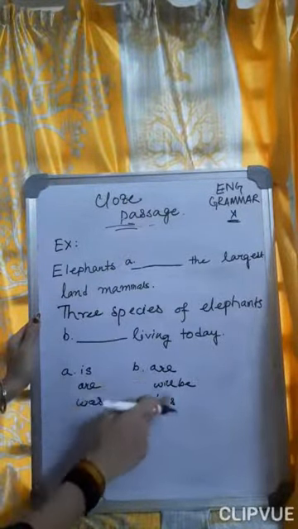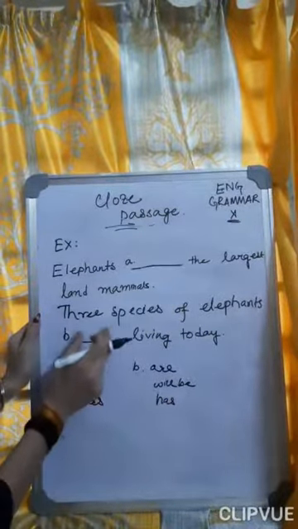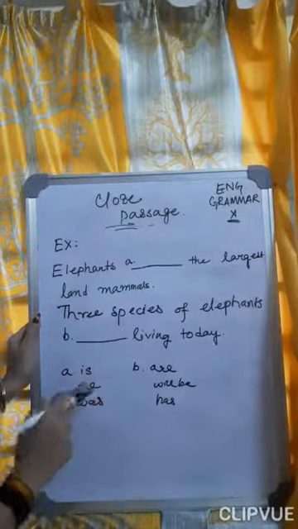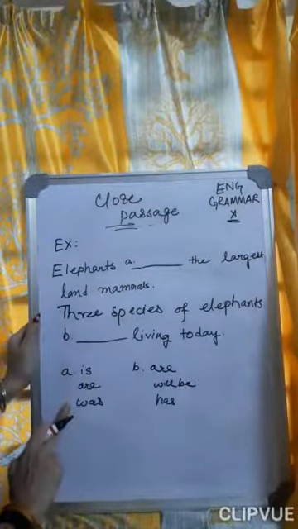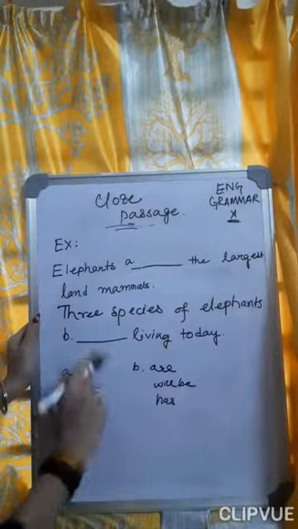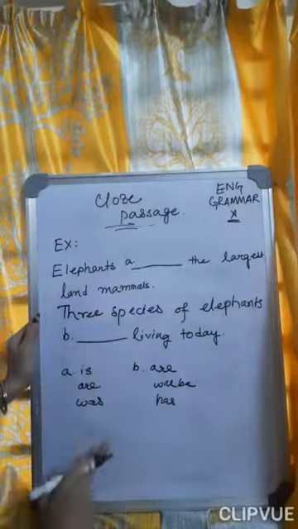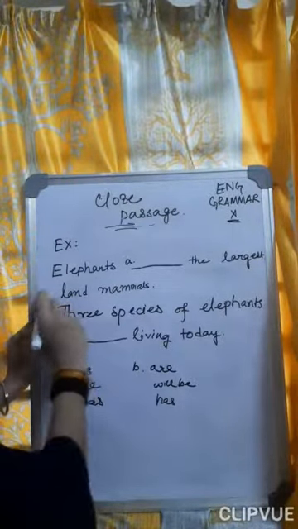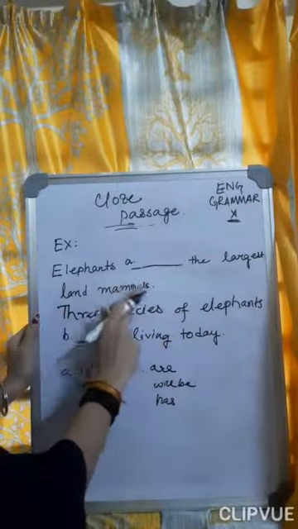Don't get confused. You cannot take an option from one and put it in the other. You have to be conscious about the numbering. This is A, so it will be from this set, and this is B, so it will be from this set. Now you have to find out which of these words is perfectly suitable in these positions. So you have to read: Elephants dash the largest land mammals.